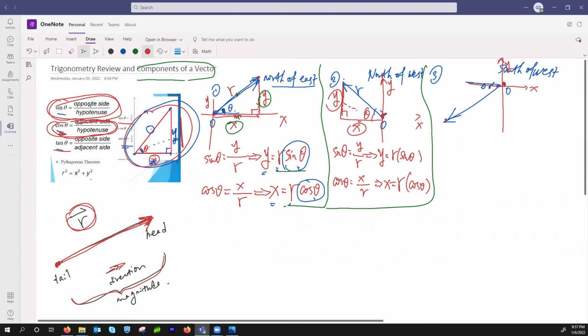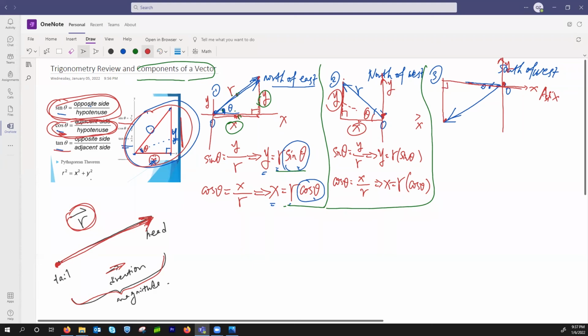Now we draw a vertical line starting from the head towards the x-axis. The x-axis right now is above the head point. So we need to draw a vertical line going up and connect with the horizontal line, which is the x coordinate. Now we build another right triangle.